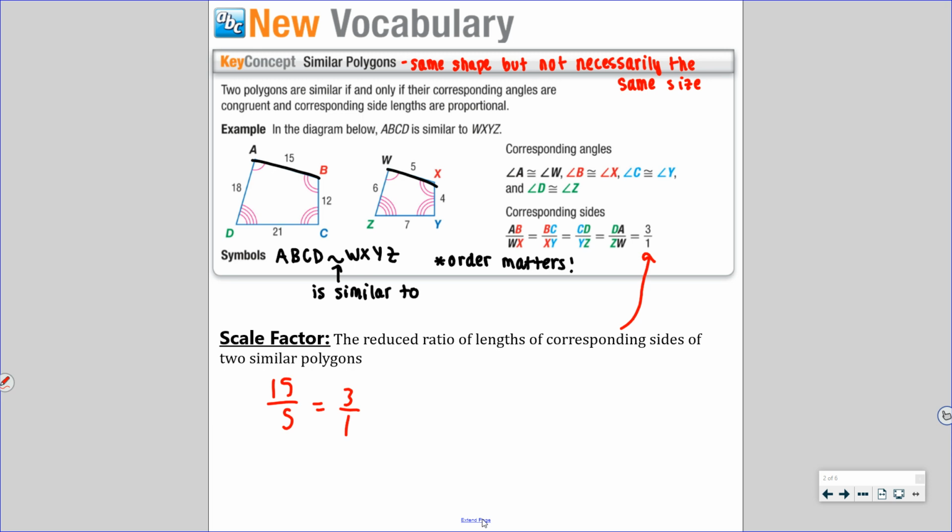There's your scale factor. Let's do another one. 21 to 7. That would also reduce to 3/1. That's your scale factor. Okay, that's pretty much our big idea for today. So let's try a couple example problems here.